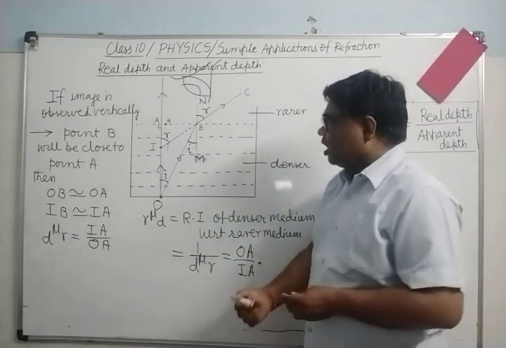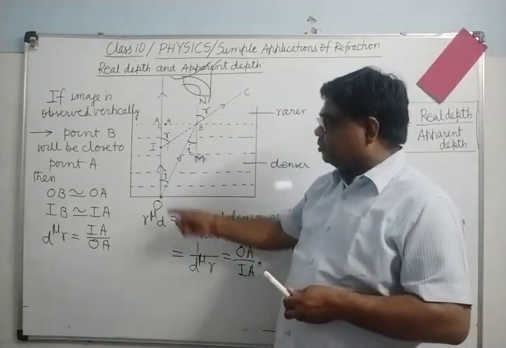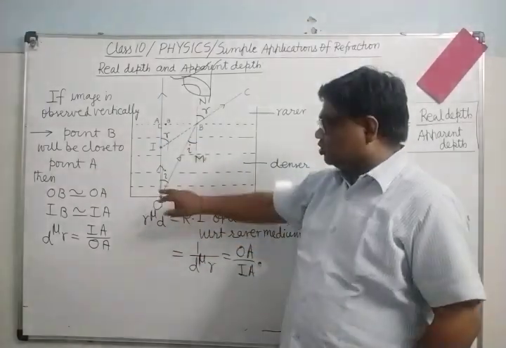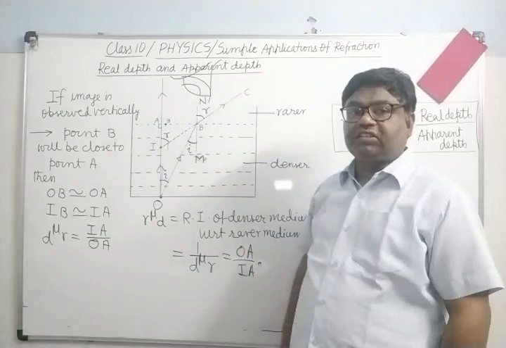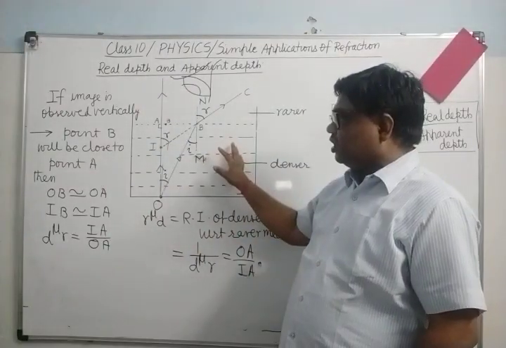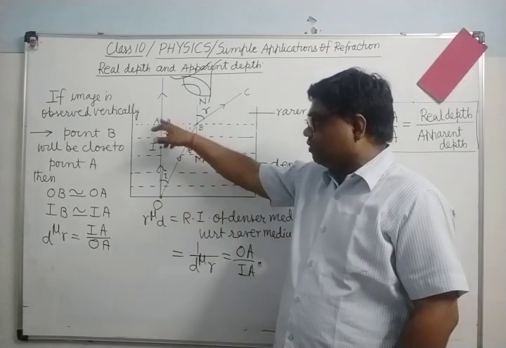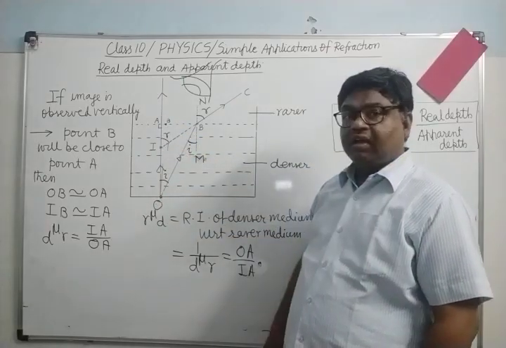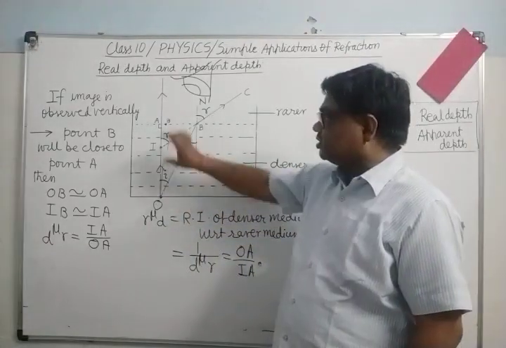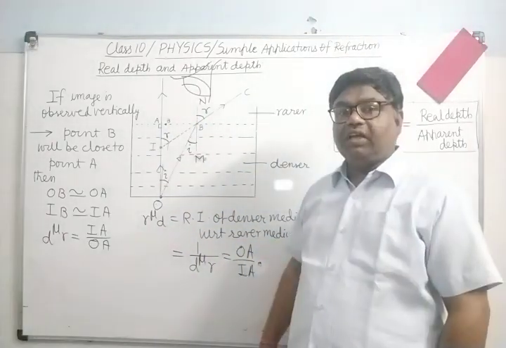Now how much has the object shifted? It has shifted by distance OI. Without water, without any liquid, its actual depth is equal to OA. But after filling the denser liquid, what has happened? Its depth has remained only AI.